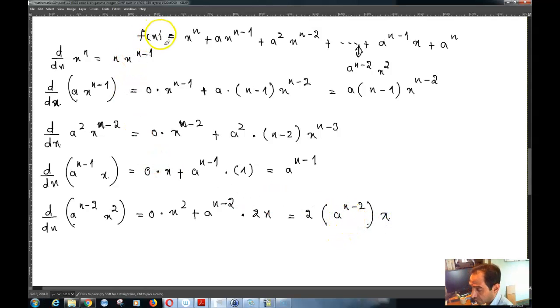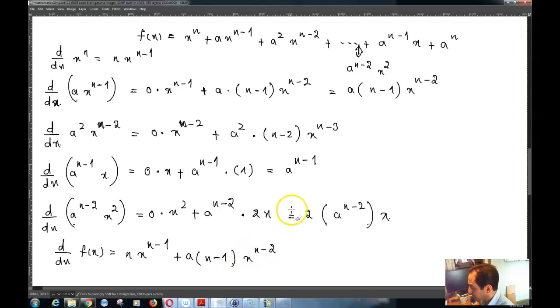So then the derivative of f of x, d by dx of f of x, is equal to, well, the derivative of this first one, which is n times x raised to the power n minus 1, and then you have the derivative of a times x raised to the power n minus 1.